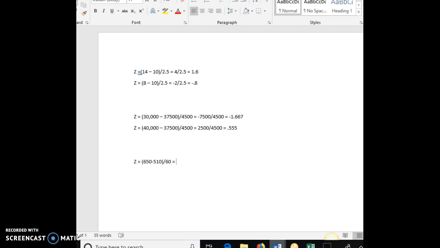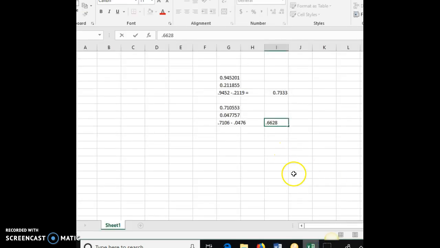And 650 minus 510 is going to be 140 divided by 60. And if I put that into my calculator, it's going to give me 2.333 repeating decimal there.